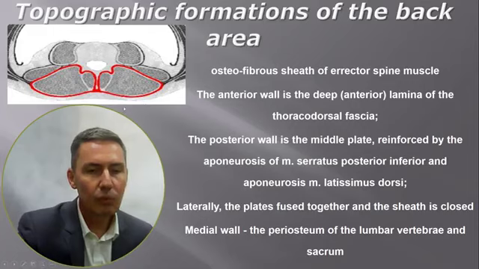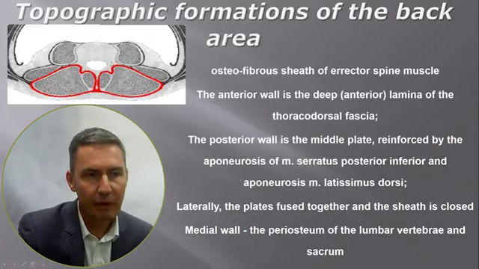The medial wall is formed by the periosteum of the lumbar vertebrae and also the sacrum. By this way, the erector spinae muscle is enclosed in the osteofibrous sheath. Osteo because it is partly formed by the vertebrae, and fibrous because it is formed by the fascia.